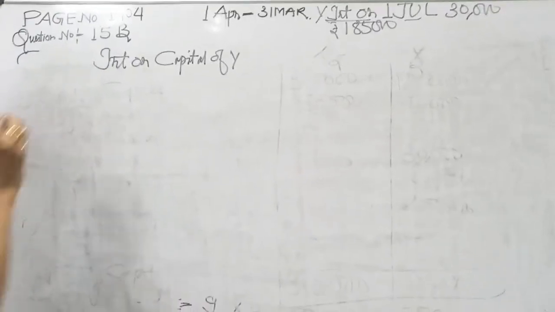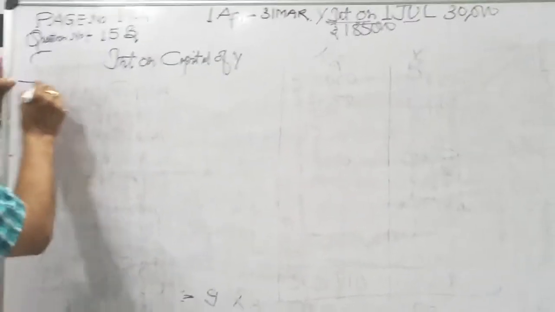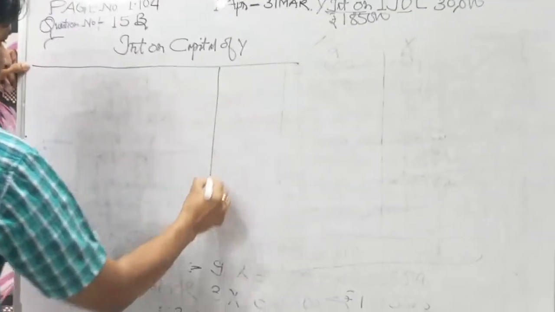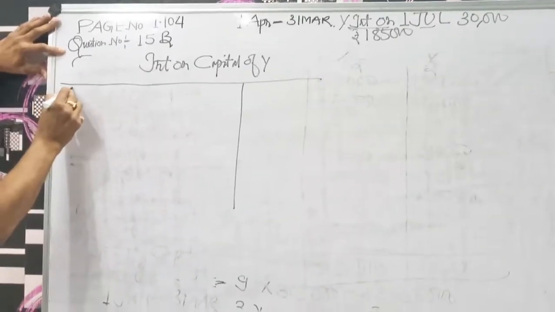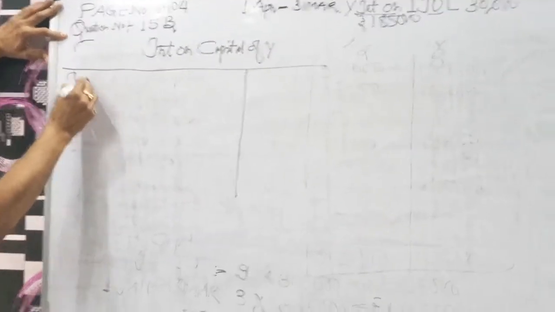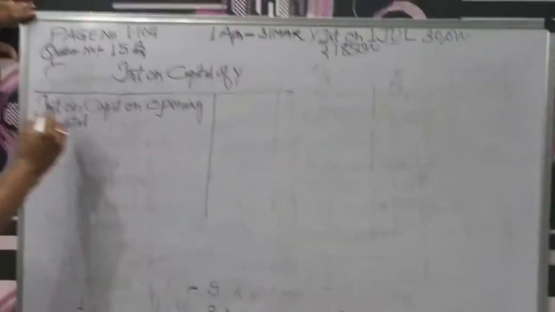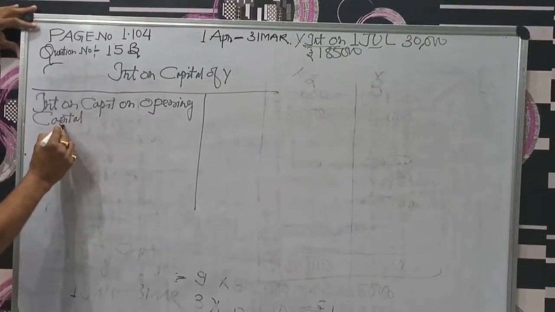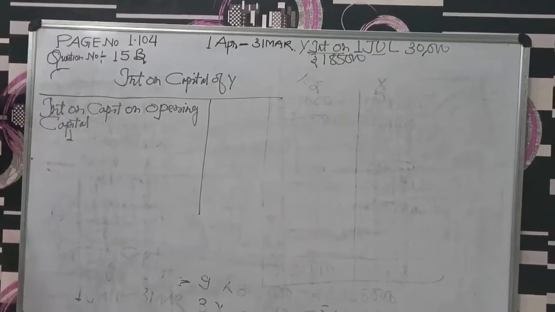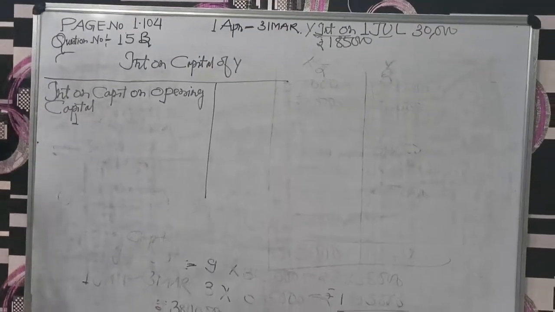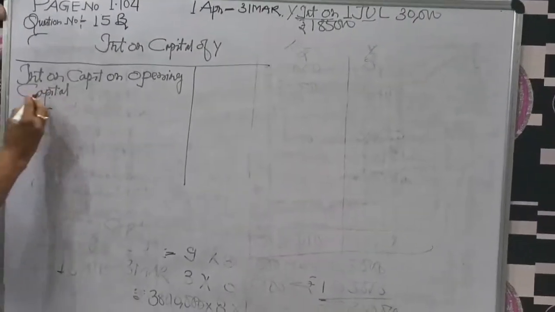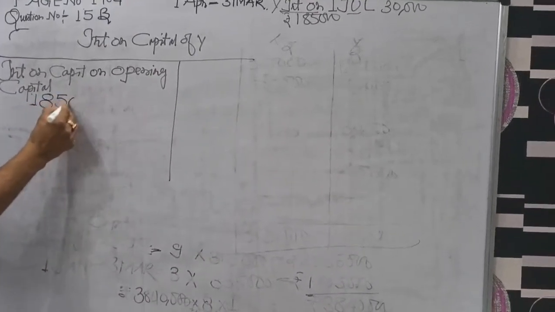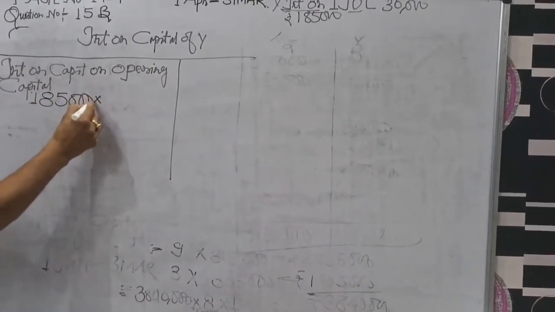We consider the statement method here, like this: interest on opening capital. The opening capital of Y is 1,85,000. Here we have to calculate the interest on capital for the full year.